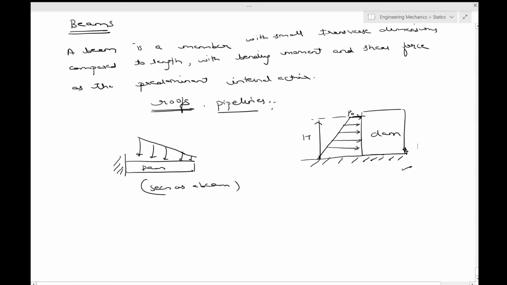So let's take up some of the examples of beams. I mean, how can they be?